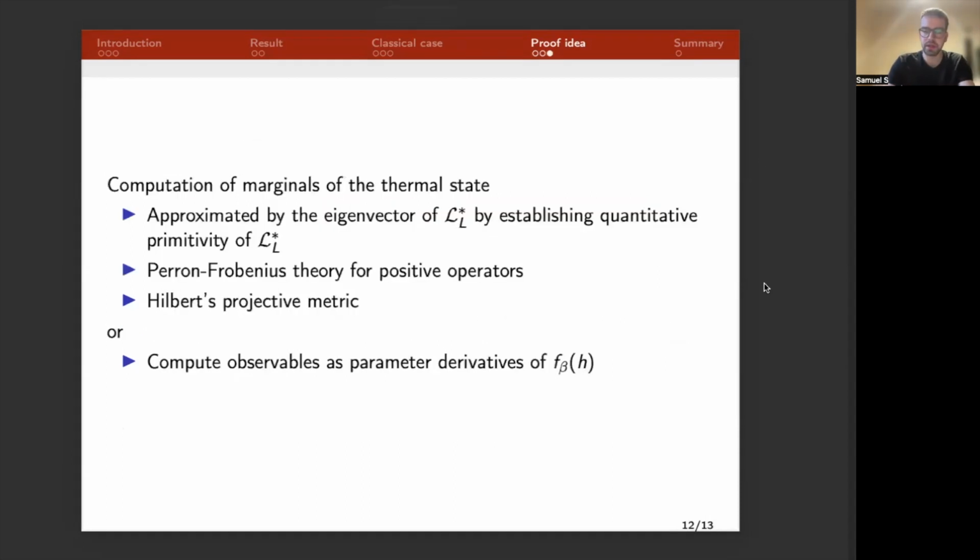The next thing, besides the eigenvalue, is also the eigenvector. This again has an additional problem, namely just having the convergence of the spectral radius does not immediately give you the convergence of the corresponding eigenvector. In addition, you need something called a primitivity condition. This means that the map L star L maps all positive semi-definite operators to positive definite operators.